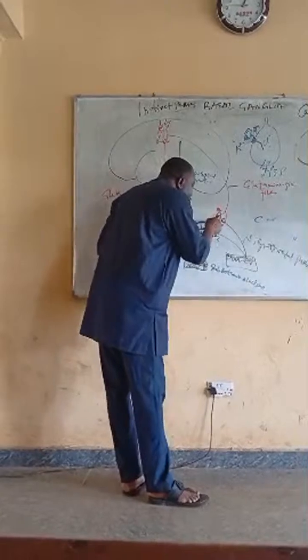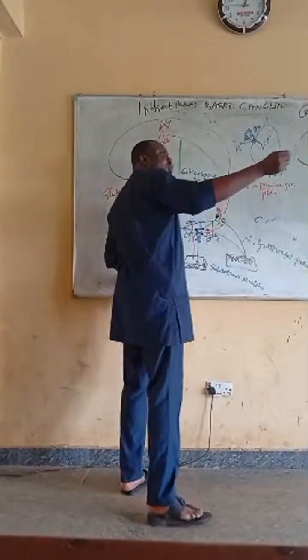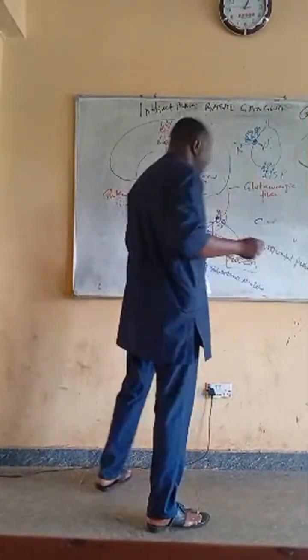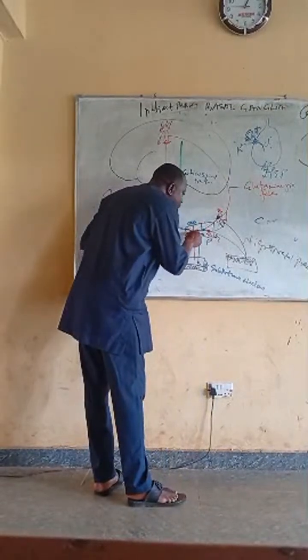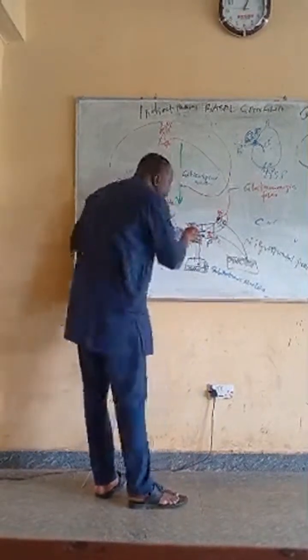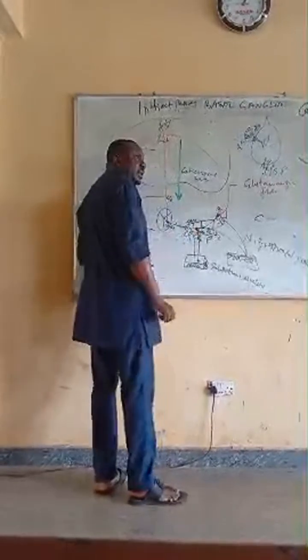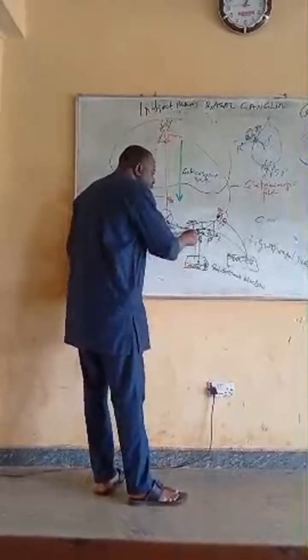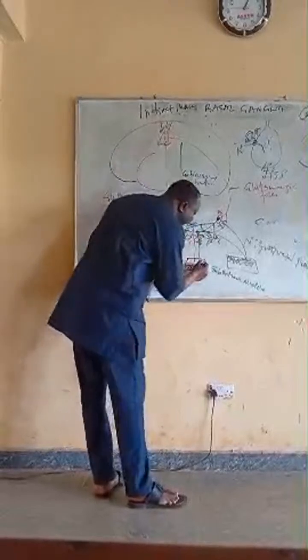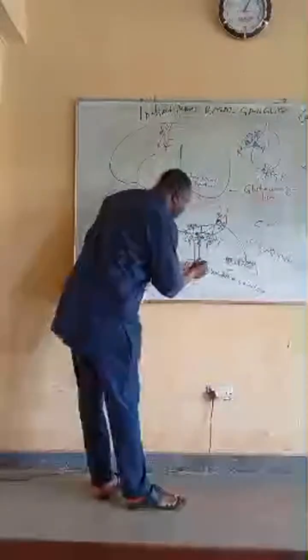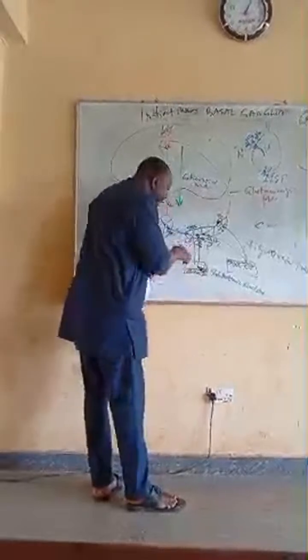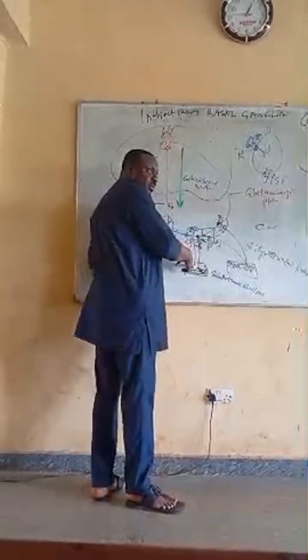If this neuron is not excited, it will produce a small amount of GABA here. If a small amount of GABA is produced here, this neuron will not be inhibited. So if this neuron is not inhibited, it will produce a large amount of GABA here, which will inhibit this neuron.